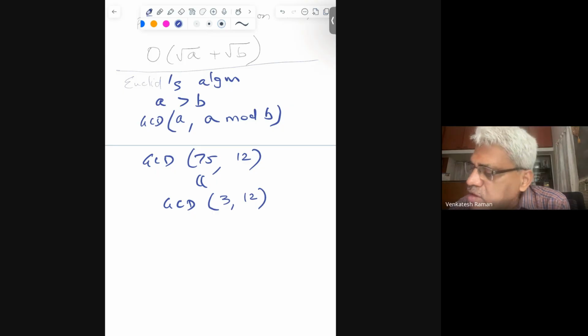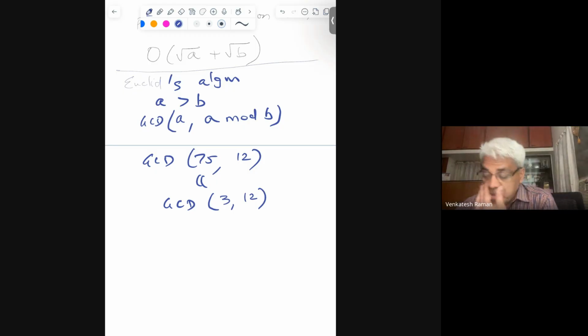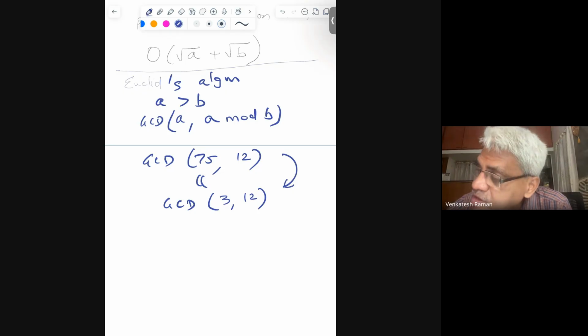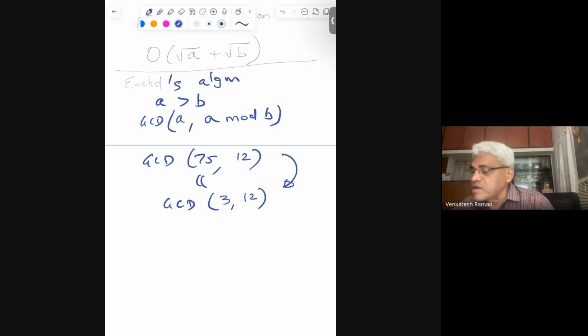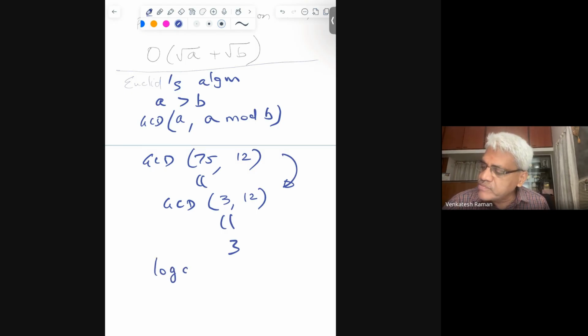Then again taking the remainder of 12 by 3, we are done. The answer is 3. Look at how fast we found this. The algorithm is done pretty much without going through all the divisors of 75 and so on. So this algorithm has a complexity of log A plus log B.